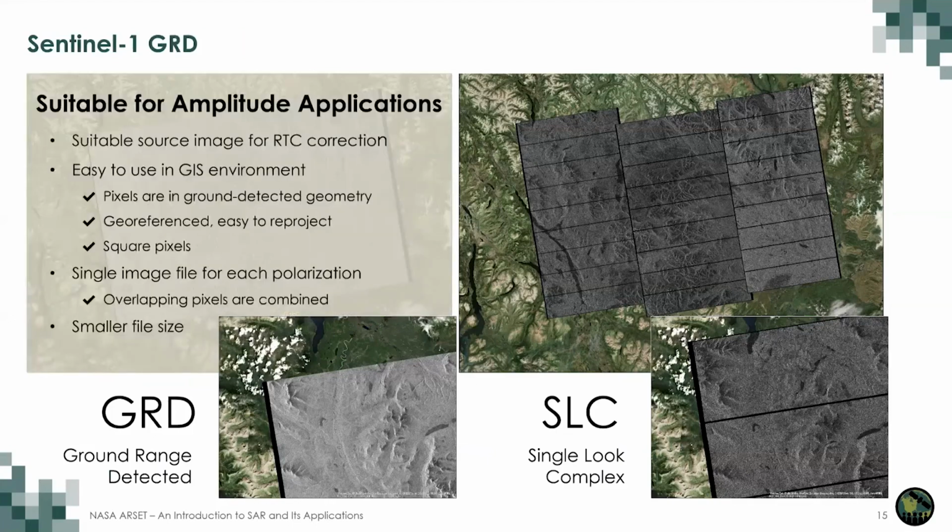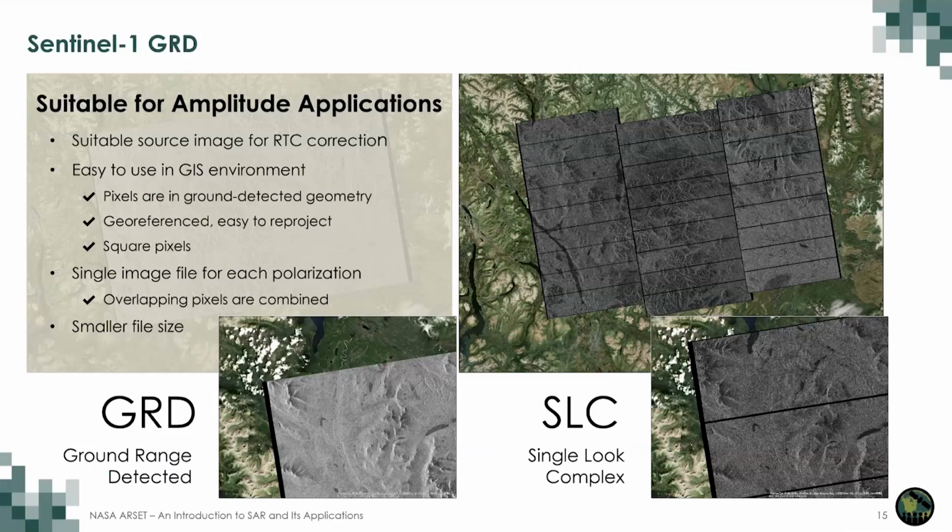The GRD is a single cohesive image. There's one geotiff for each polarization, and it is fully georeferenced. So if you bring this into your GIS environment, it will show up where you would expect it to be. There are square pixels. It can be projected into whatever projection you need.